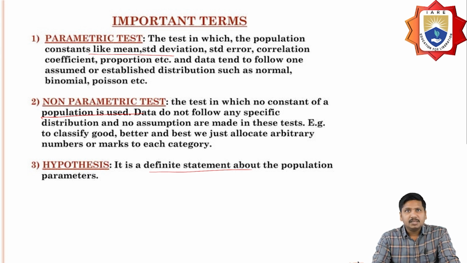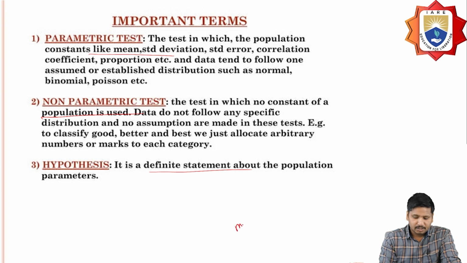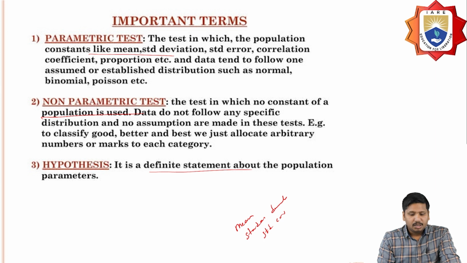So the basic terms that we should remember: what is the parametric test? This is the test in which the population constants like mean, standard deviation, standard error, correlation coefficient, proportion, etc. are used, and the data tend to follow one of the assumed or established distributions such as normal, binomial, and Poisson distribution.